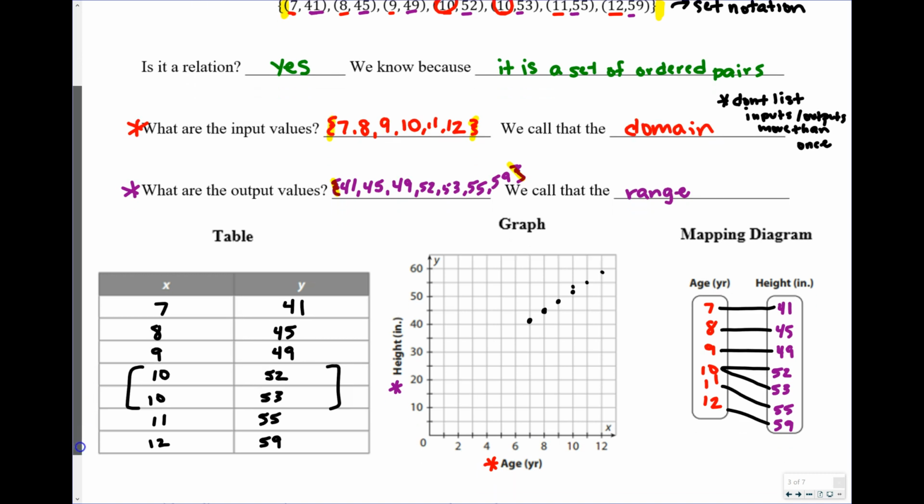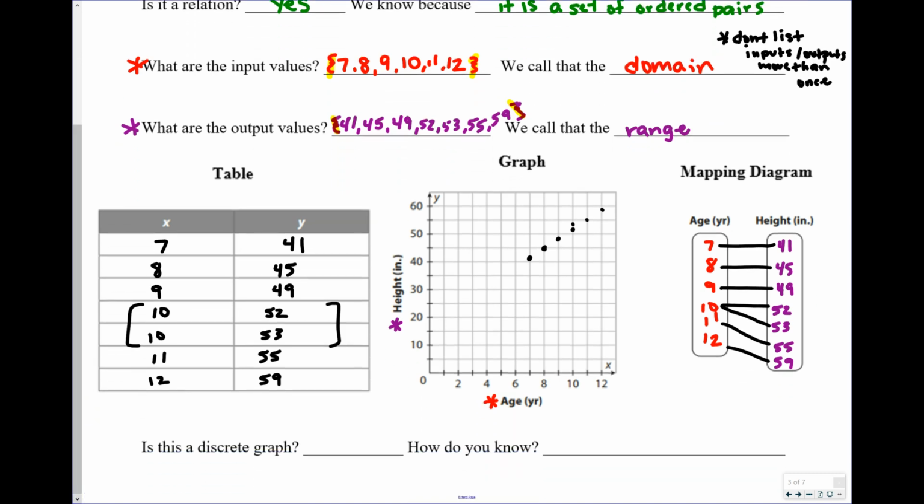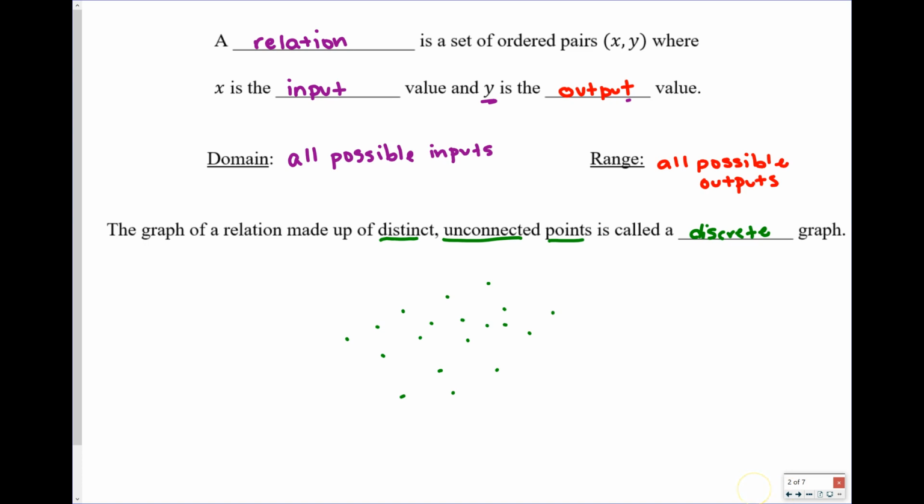Okay. The last question I want to ask about all this information is, is this a discrete graph? Now remember, we just talked about discrete. Remember when I drew all these little dots on the paper and I said a graph of a relationship that has distinct unconnected points is called discrete.